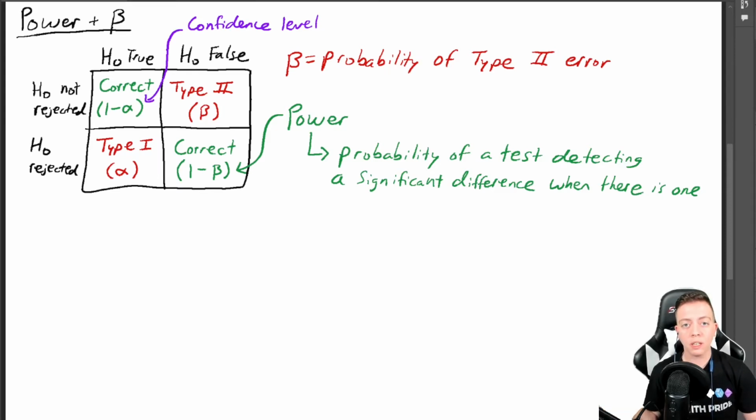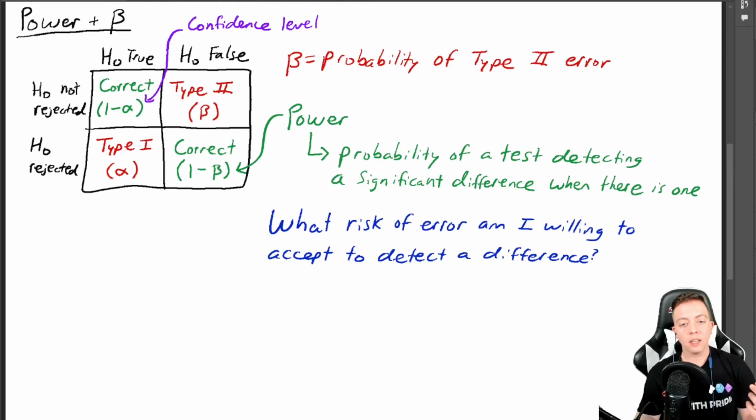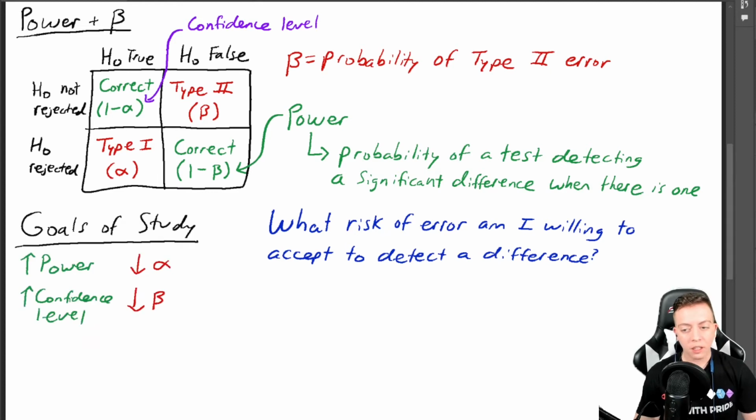It's important that we balance these out, and there are values that we accept for power and for what risk we're willing to take with type 2 error. So this is the question: what risk of error am I willing to accept to detect a difference? The goals of any study: I want a high level of power.